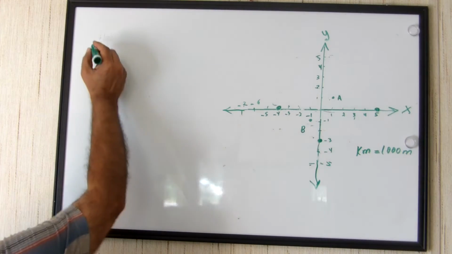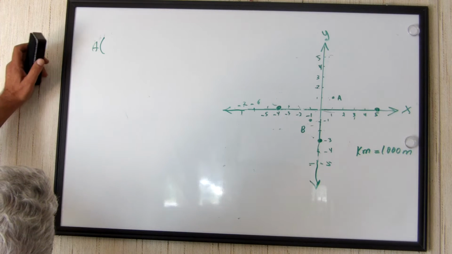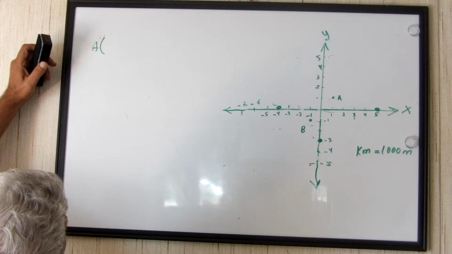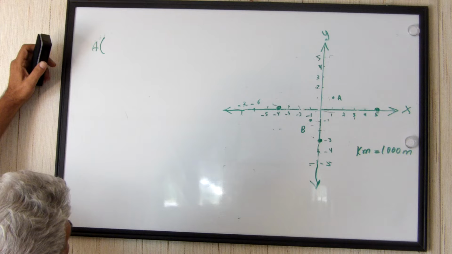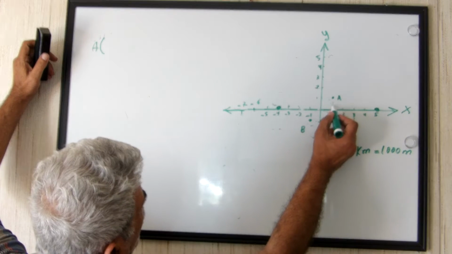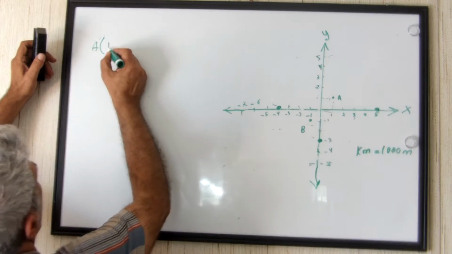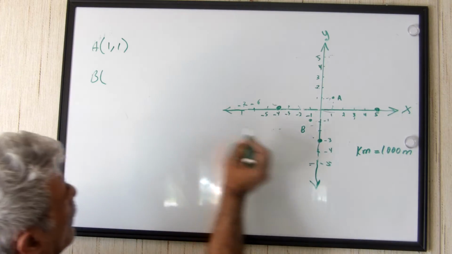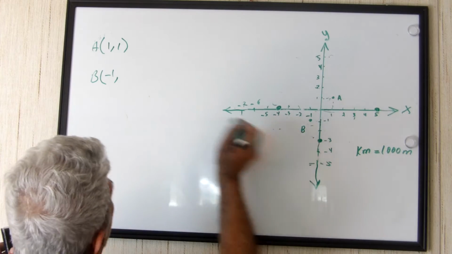What are the coordinates of this? The x coordinate and y coordinate. The x coordinate is 1, and y is 1, so 1, 1. We talked about it. And then we have B. X is -1, and then comma, -1.